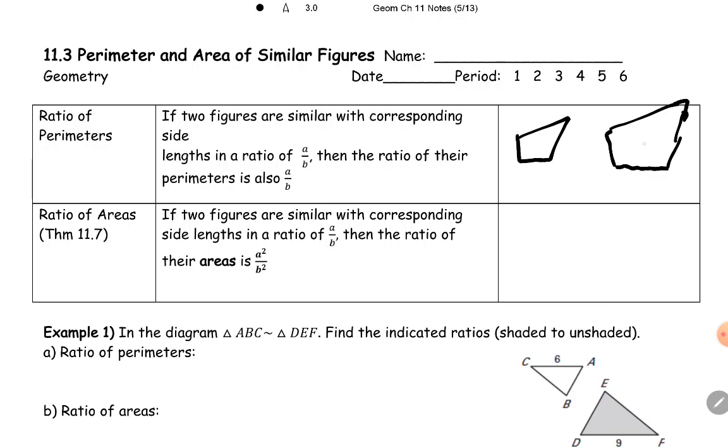Let's imagine that these two figures are similar, just one being a bit bigger. So we know that the ratio of their perimeters are the same.